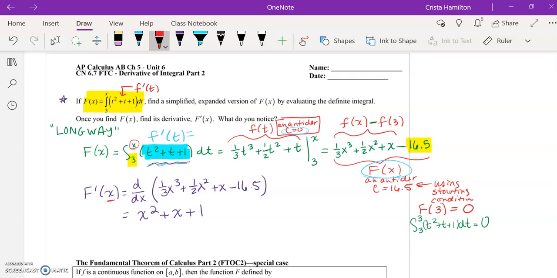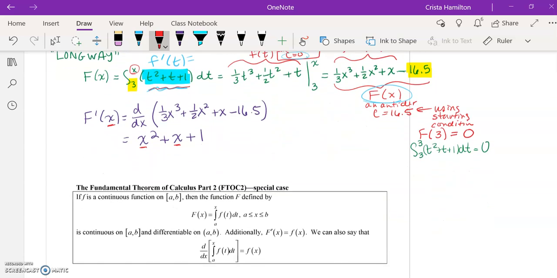The only thing is the input variable needs to be changed to match your input variable. So the derivative of the accumulation function is simply going to be whatever is inside of the definite integral with the correct variable placed in it. Okay? All right, so that's the first part of this, recapping where we were.